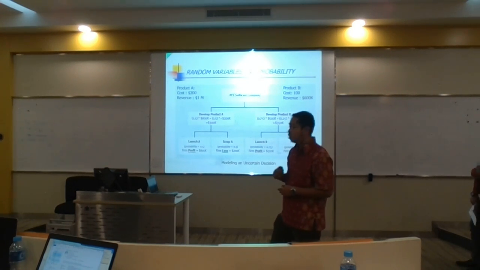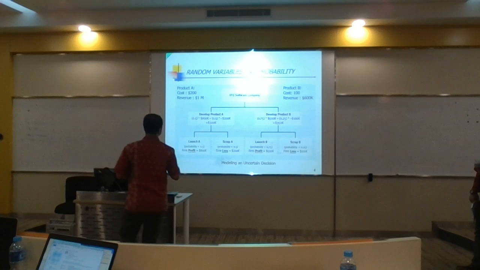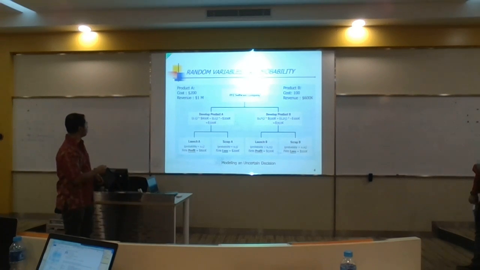How do we calculate the variables? First, we calculate 1 million minus 200.